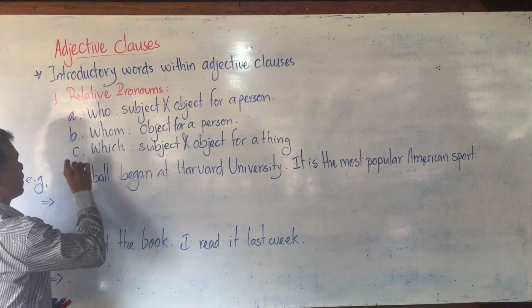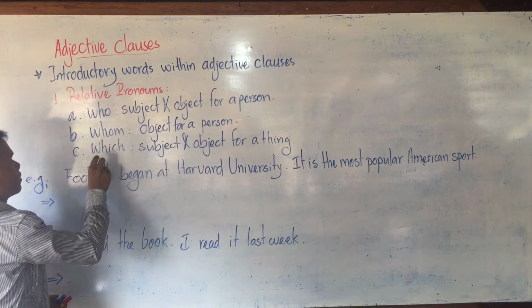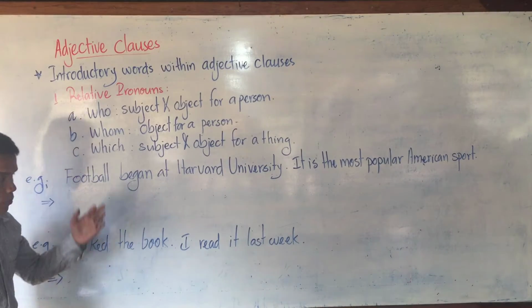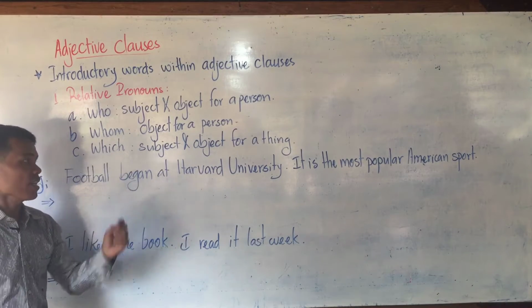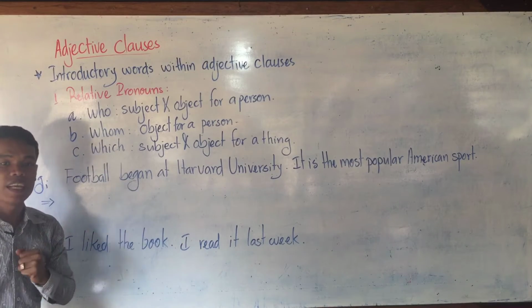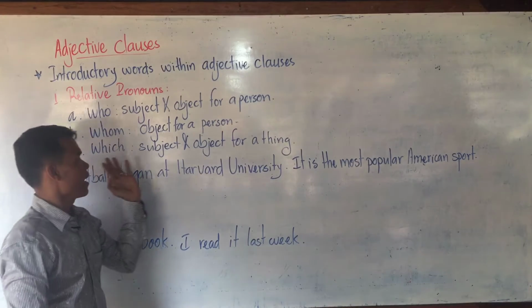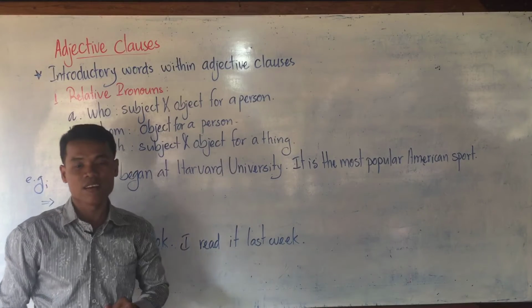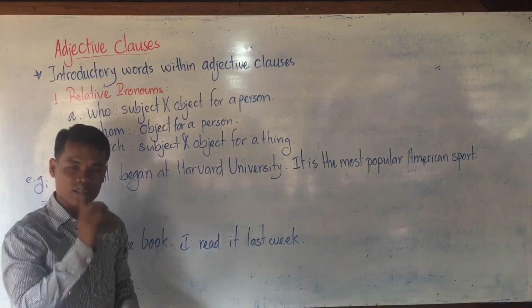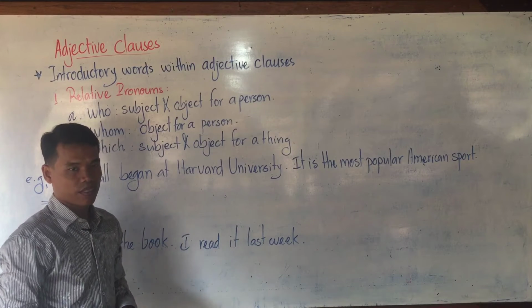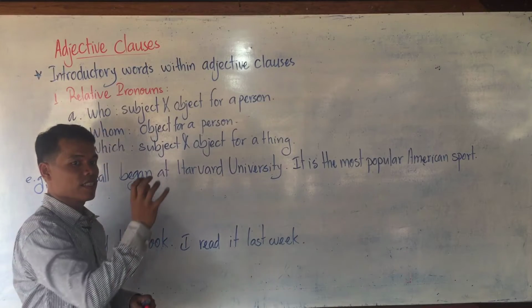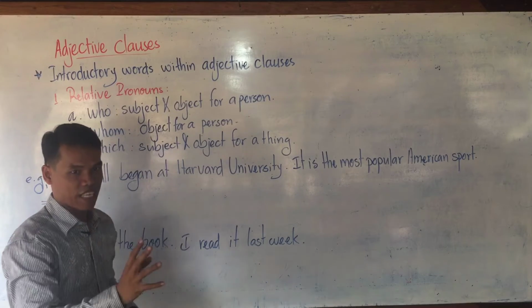Now let's learn another relative pronoun, which. Which functions as subject and object in an adjective clause, but it is used for a thing only. Which is not used for a person, so don't get confused. Who and whom are for a person, which is for a thing.